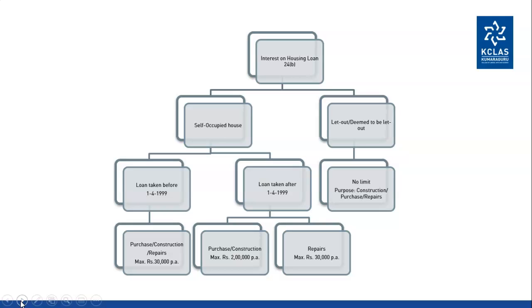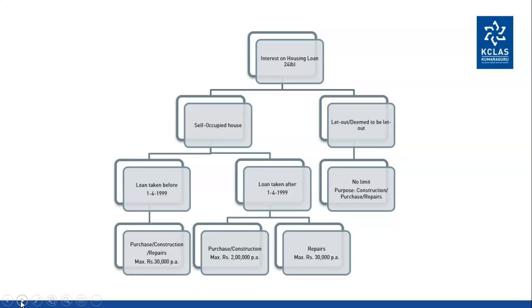This allowability of such interest is a benefit given to individuals and HUFs, that is Hindu undivided families, because it will result in a loss under the head house property, which can be set off against other incomes of the current previous year or the future previous year as per the rules.